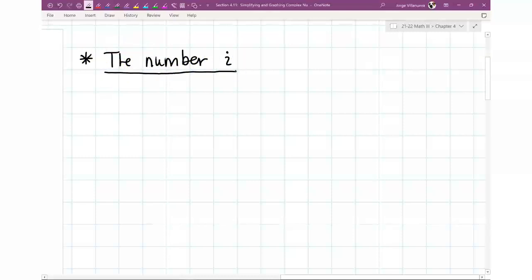All right, so i is defined as the square root of negative 1. Anytime you see a negative inside of a square root, automatically think of it as i. I'll give you some examples. If I were to write the square root of negative 22, you should automatically write i square root of 22.